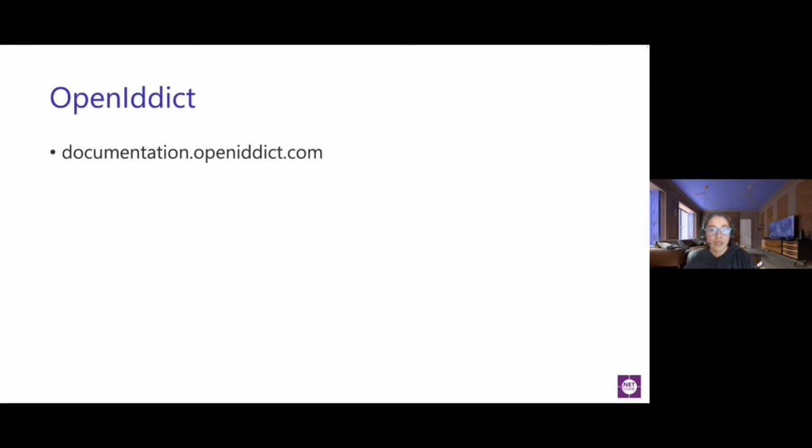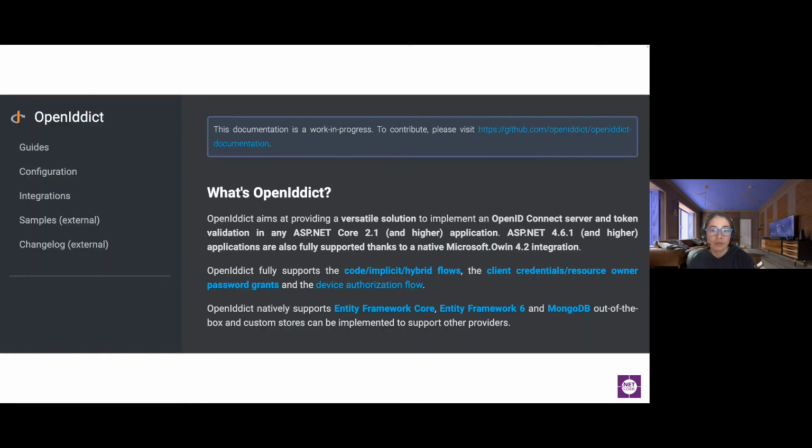Next is OpenIddict. It is an OpenID Connect stack for ASP.NET Core and Microsoft Authn. Basically, this one offers native integration with popular object relational mapping tools and database clients like EF Core, Entity Framework 6, and MongoDB.